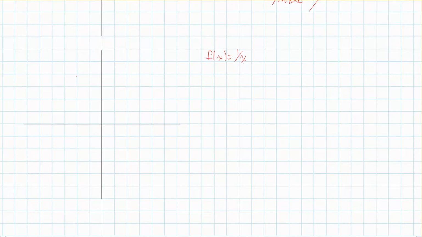It goes to 1, 1, it goes to negative 1, negative 1, and then if you wanted to do 2, this would be at a half, and then a half would be at 2, and then the same thing on the negatives.